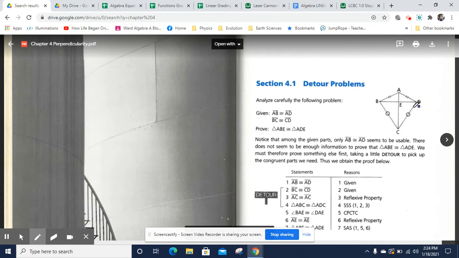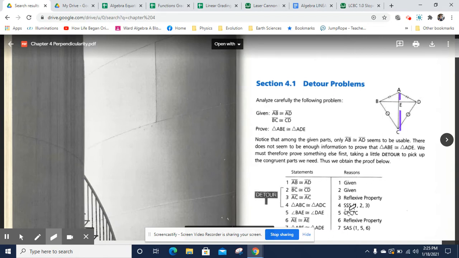We can prove that ADC is congruent to ABC. We can do that by side, side, side, because we can prove that AC is congruent to itself by reflexive property. I'm going to use the eraser so I don't lose that there. But AC is congruent to itself by reflexive. So we can now prove by side, side, side that ABC is congruent to ADC.